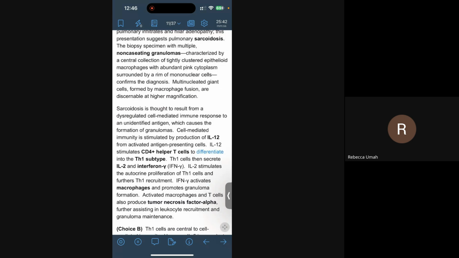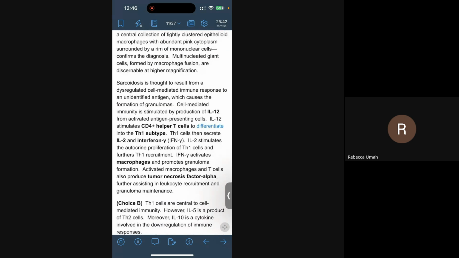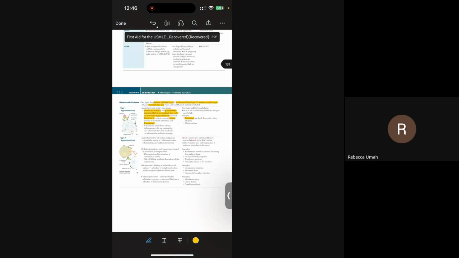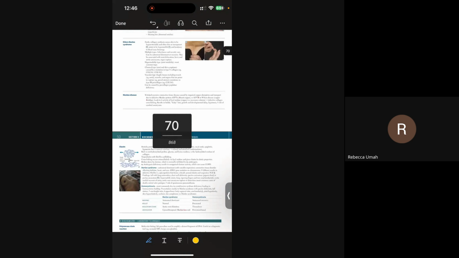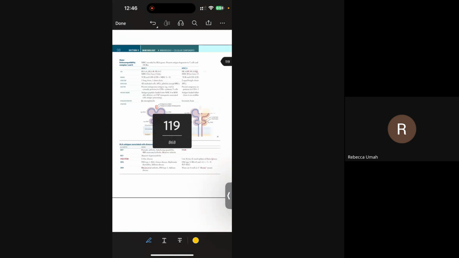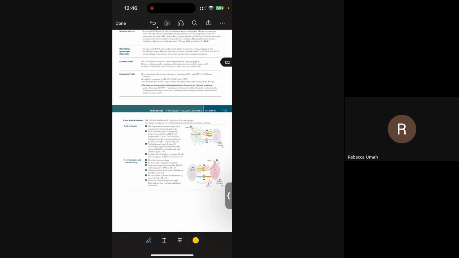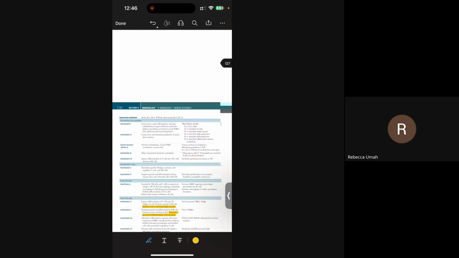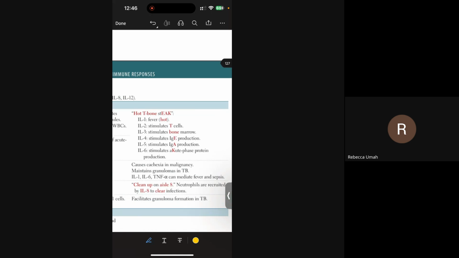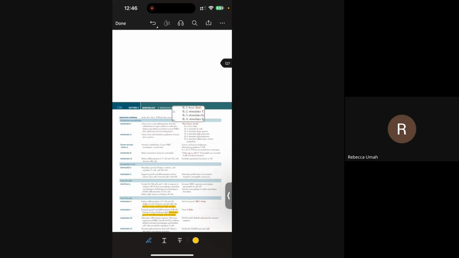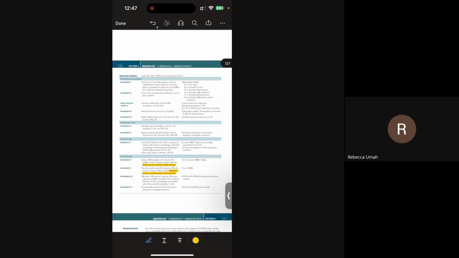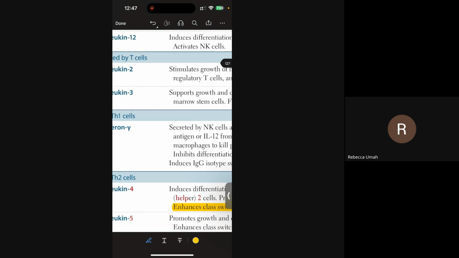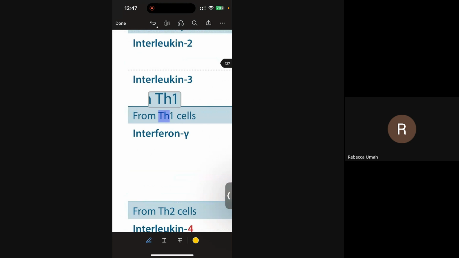Interleukin 2 is involved. Do you know the function of interleukin 2? It stimulates the T cells. Interferon gamma is released by which cells?